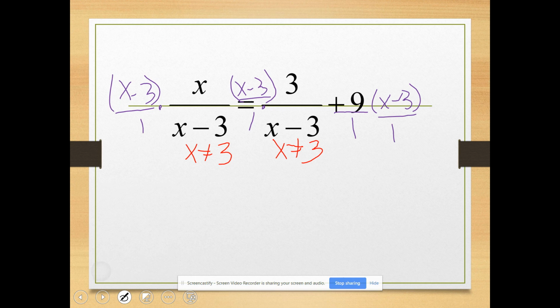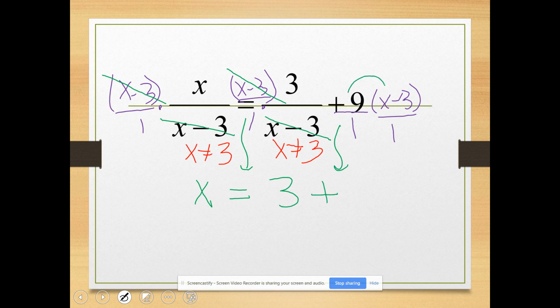When I do that, it allows me to cross reduce. So the x minus 3's cross reduce and leave me with x equals, these x minus 3's cross reduce and we're left with 3 plus.